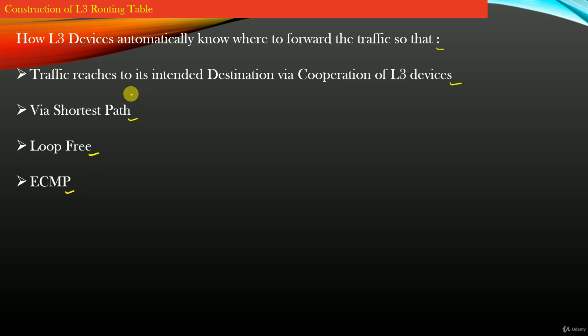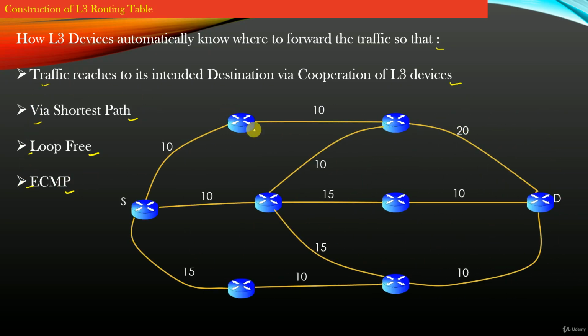Now let us try to understand these 4 points with the help of an example. Suppose you have a sample network topology here, with a source device here and the destination device here, right? You can see that the links in this topology are marked with integer numbers. This is the cost of going from one device to another.